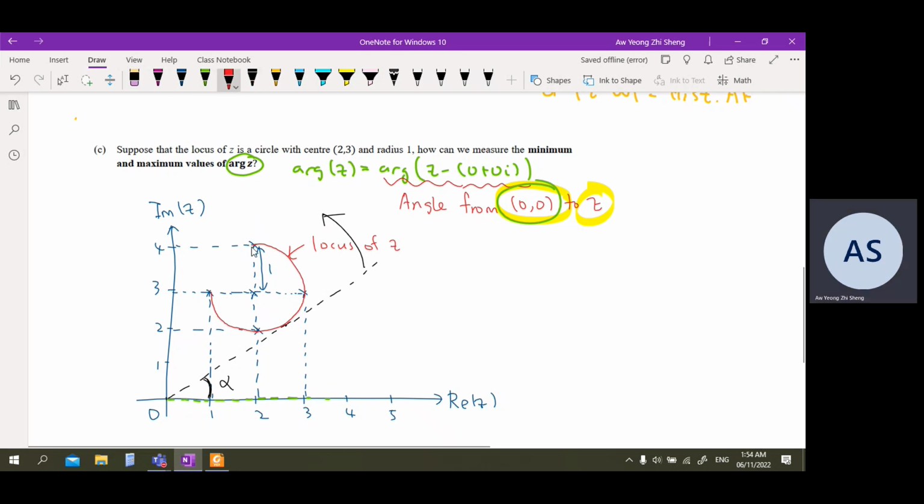Let me just draw my circle nicer, so that there will be a tangent on the other side, which is roughly here. If I call this angle theta, then theta would be the maximum value of argument z.